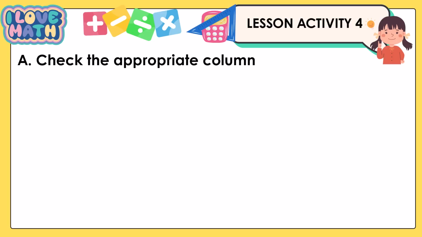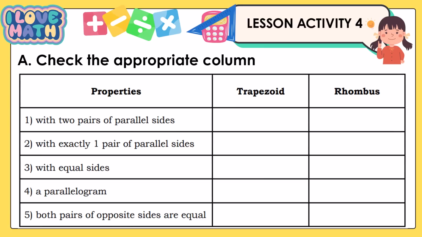Let's have the lesson activity. A. Check the appropriate column. First column are the properties. Second column, trapezoid. Third column, rhombus. Number 1, with two pairs of parallel sides. The answer: rhombus. Number 2, with exactly one pair of parallel sides.